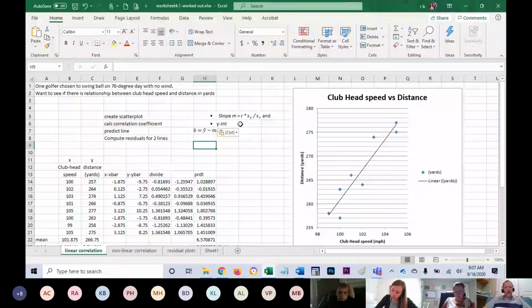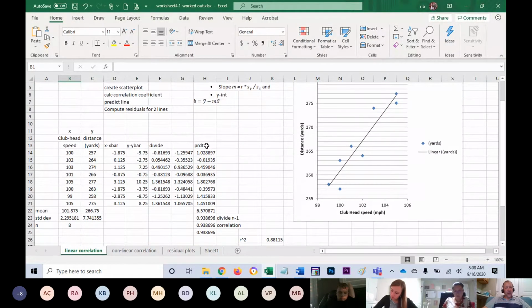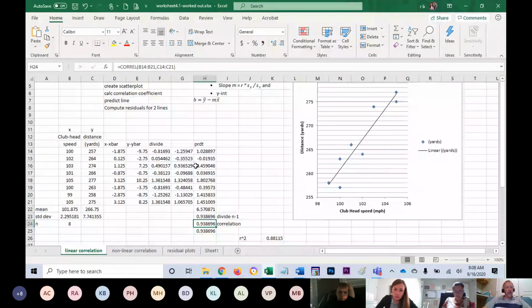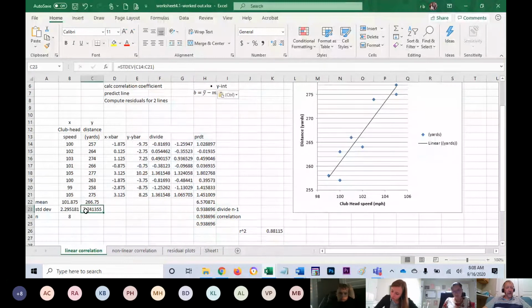Okay. So your slope is going to be your correlation coefficient. Yesterday we talked about this problem here, club head speed and distance. In this case, we got a correlation coefficient of 0.938696, and we found the standard deviations already, those two values there.